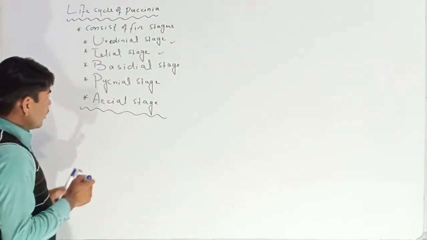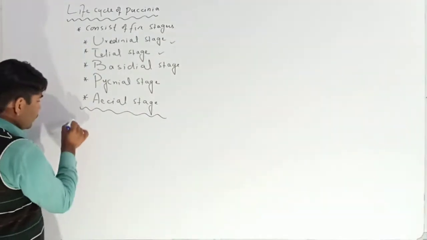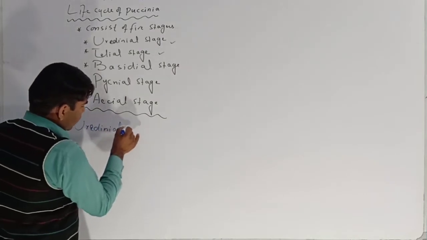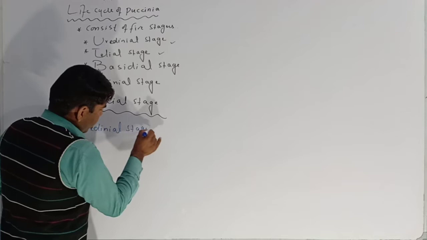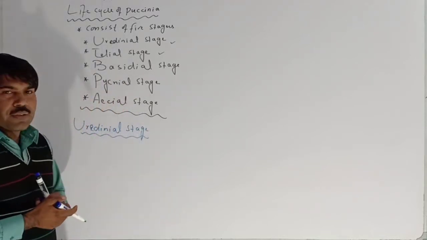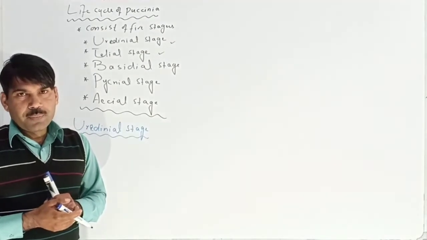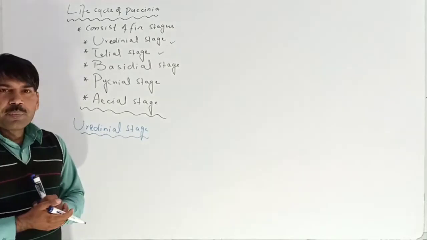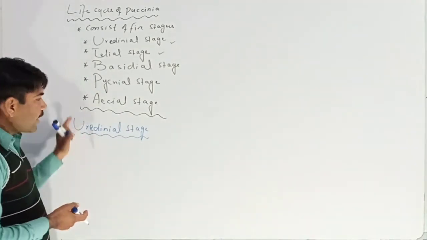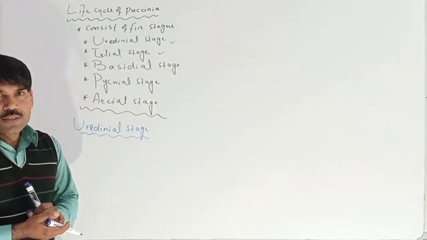So we can write here about the first stage, which is known as the uridineal stage. This is the first stage and it causes the infection during March. We know that puccinia is a parasitic fungus of wheat, so it causes the infection in the wheat plant during the month of March.